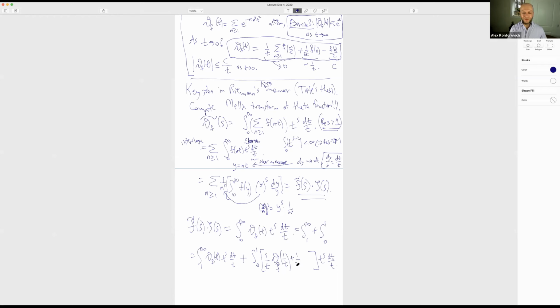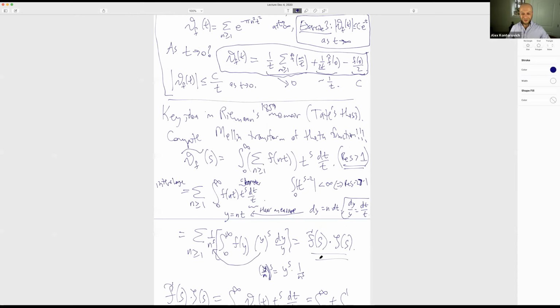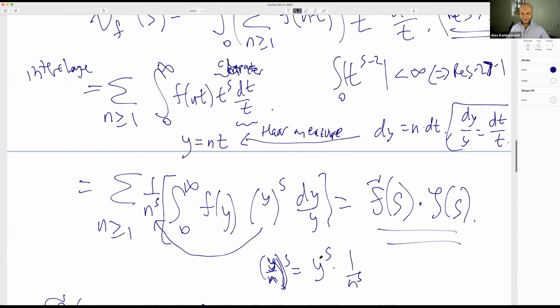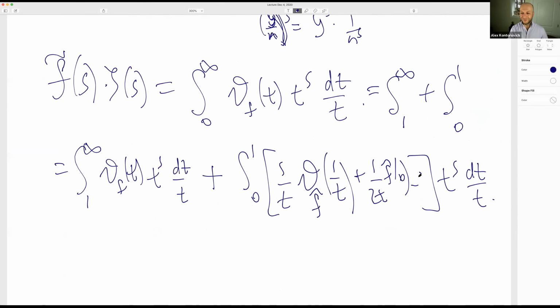Plus 1 over 2t f hat of 0, minus f of 0 over 2. Does everybody see that this is just an equality?